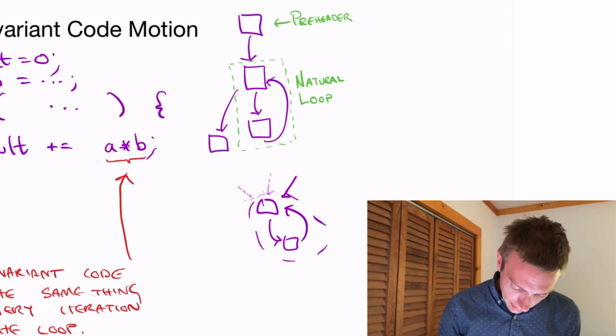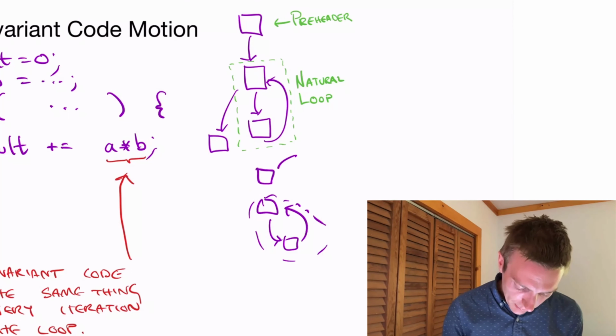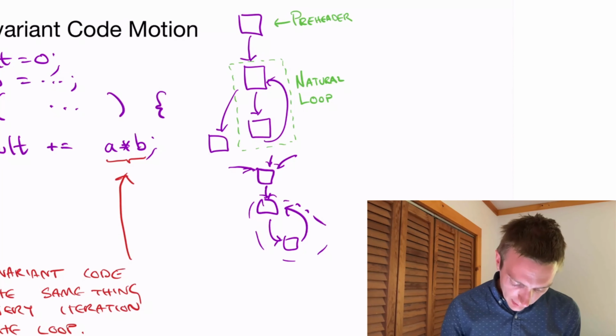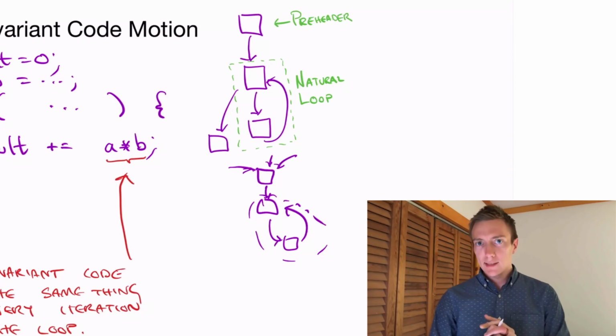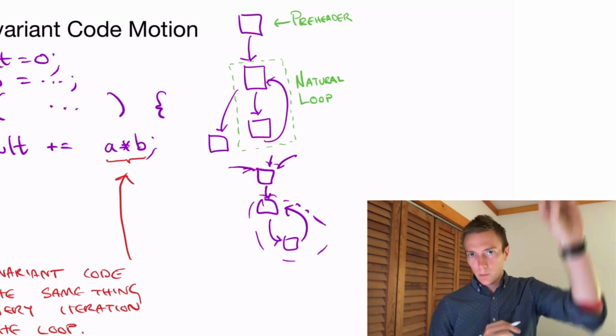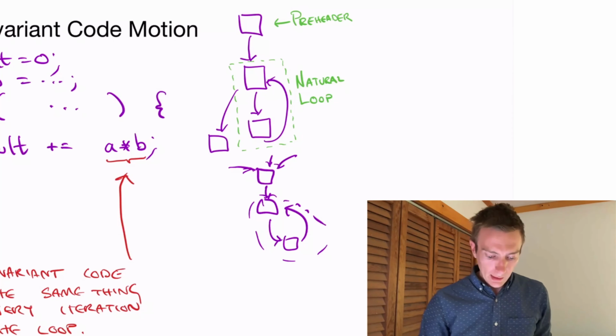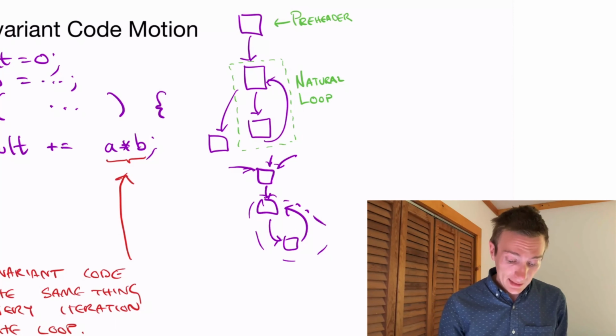All you need to do is to take all of those edges that previously went into the header of your loop and reassociate them with an empty basic block that all it does is jump to the header block. Now we have a unique preheader block that is guaranteed to be the thing that executes right before you start doing the loop. And if you do that, then we have a destination for moving loop invariant code.